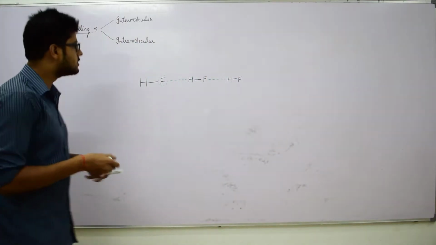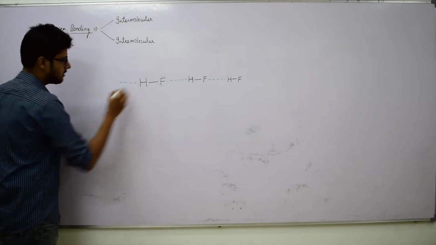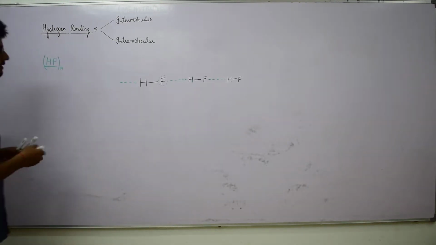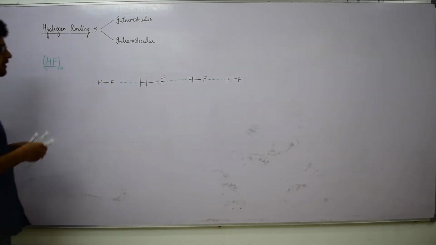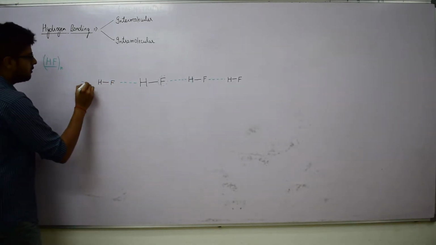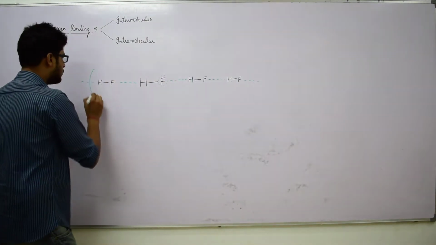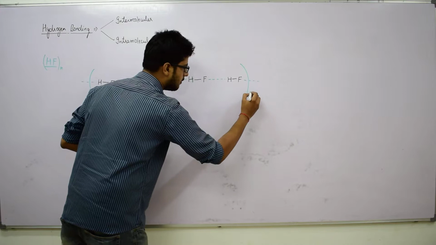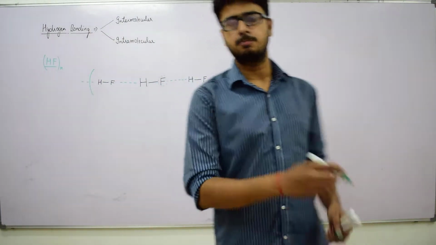The same process extends to this side also. And so on, this process will follow on both sides, and this will exist in the form of (HF)n, where n can be any positive integer.